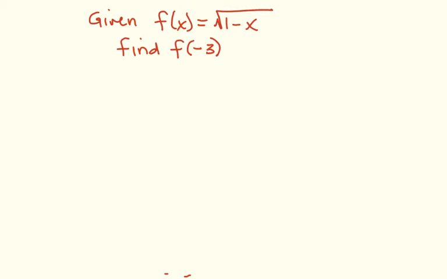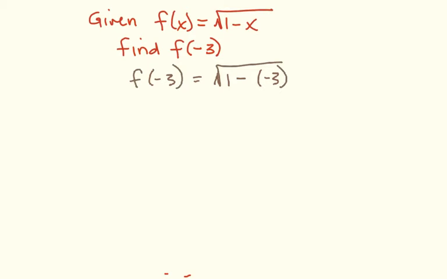Here we have a problem where we are given a function, f of x, is equal to the square root of 1 minus x. And we're asked to find the function value at negative 3. So we will put in negative 3 for x, and we'll get the square root of 1 minus negative 3.